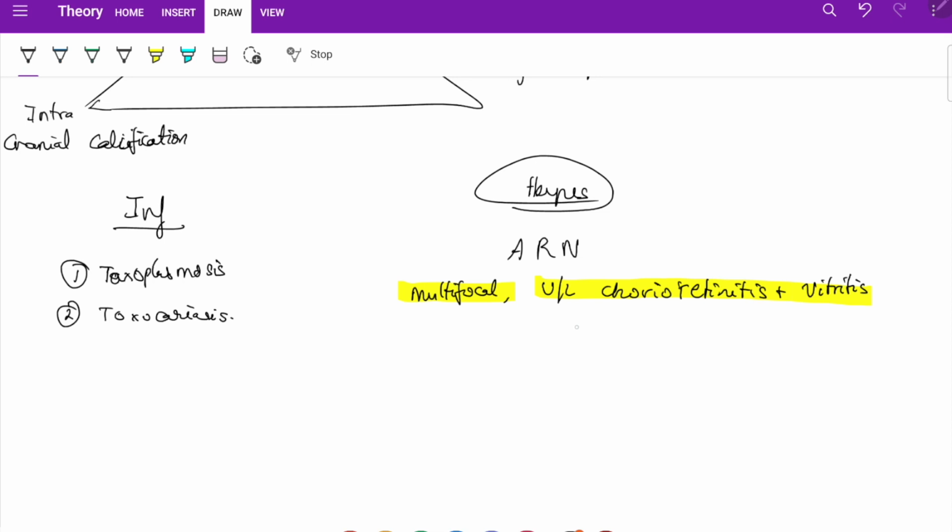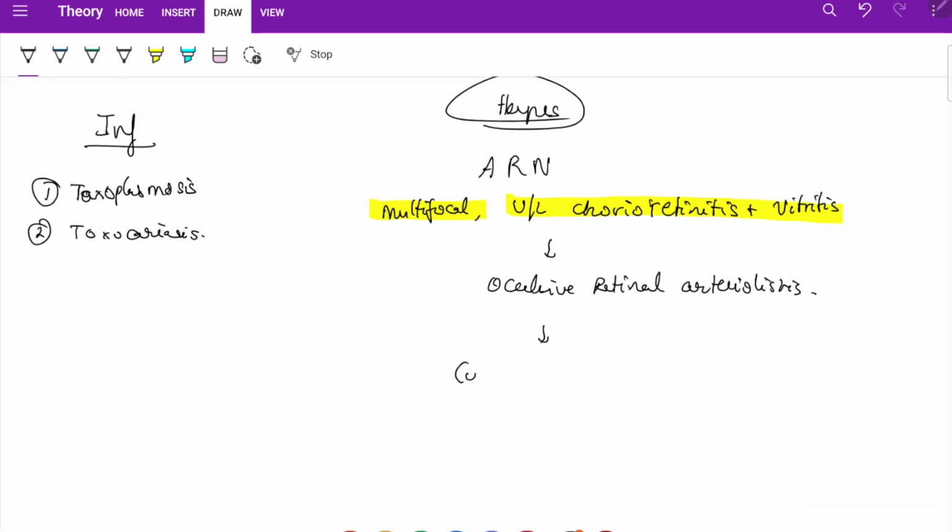What happens, they cause an occlusive retinal arteriolitis. So all these are going to coalesce to form a full thickness necrosis. Full thickness necrosis with circumferential spread.